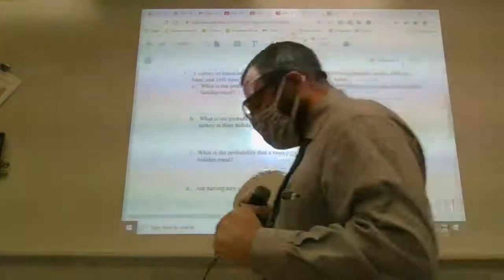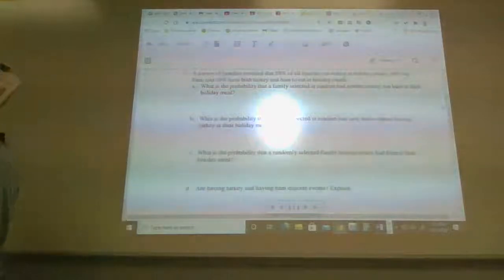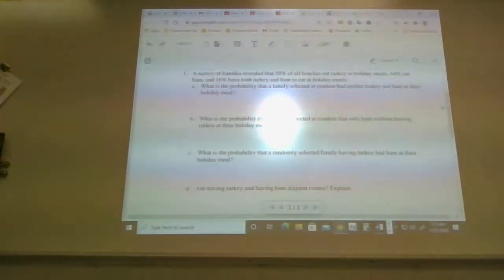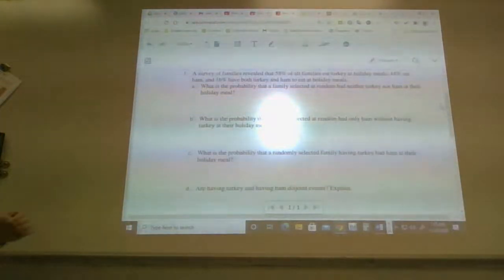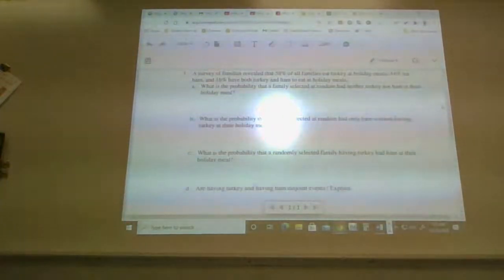So here's the pertinent information. And again, pay close attention to the wording. A survey of families revealed that 58% of all families eat turkey at holiday meals. 44% eat ham.